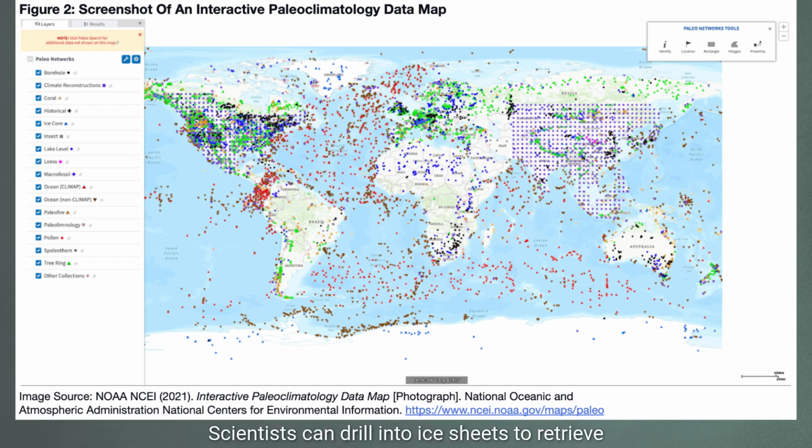Scientists can drill into ice sheets to retrieve ice cores and analyze trapped deposits, including pollen and gases, to gain insights into the atmospheric and climatic conditions prevailing when those ice layers were formed. This compilation of proxy data enables the construction of a comprehensive picture of Earth's climate across various geological periods.